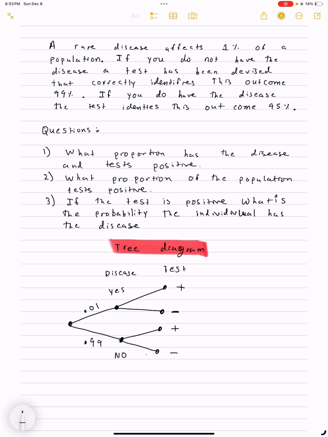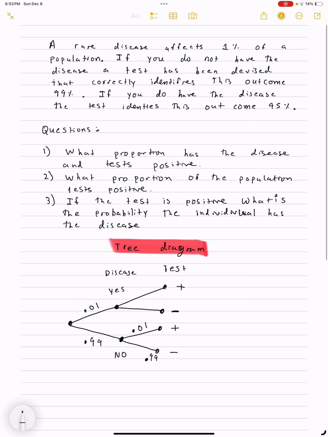So that means 0.99 goes here. Okay, so that's correct identification. And that means 1% of the time, 0.01, we make the wrong decision and we get a false positive.